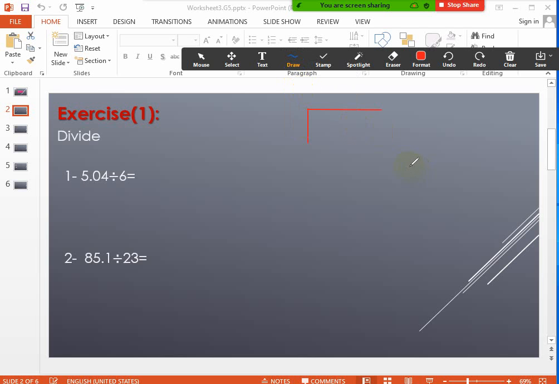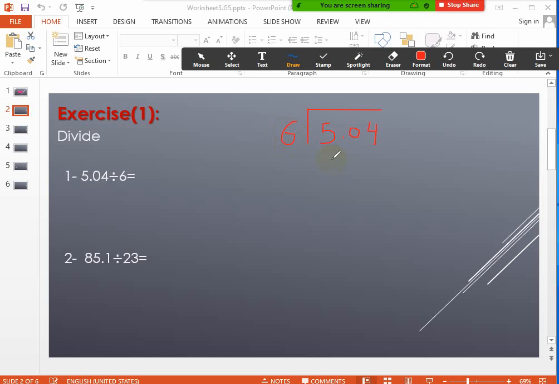Then I will write the numbers to find the answer. The dividend here is 5.400 divided by 6. Look, the divisor here is a whole number.